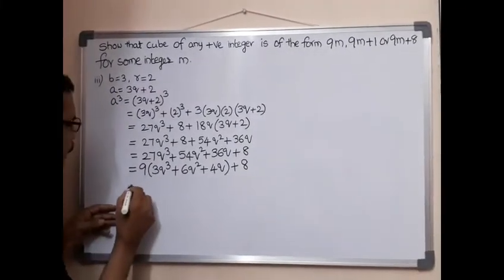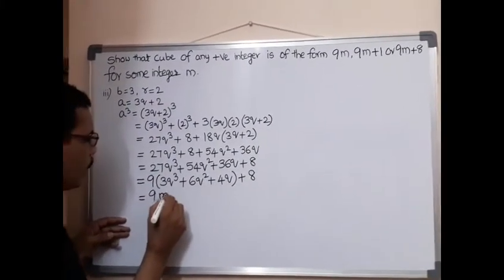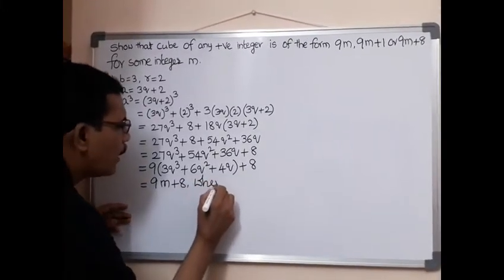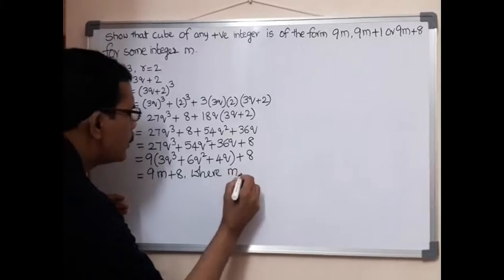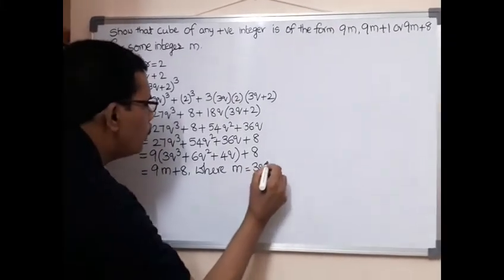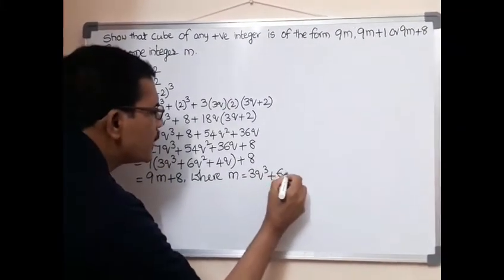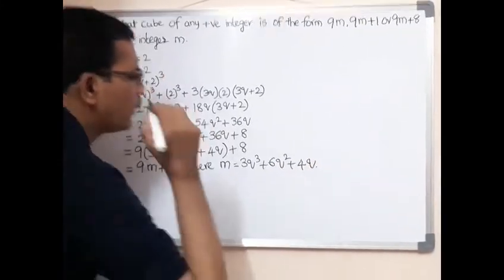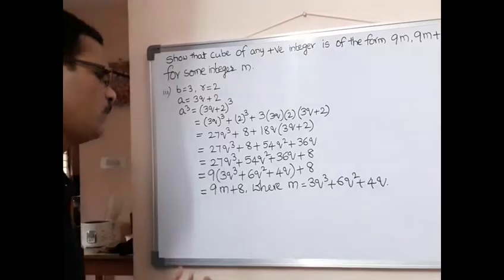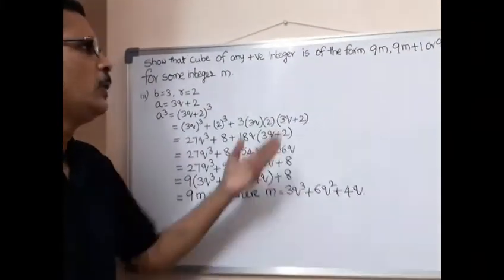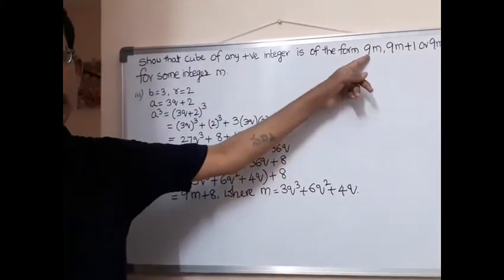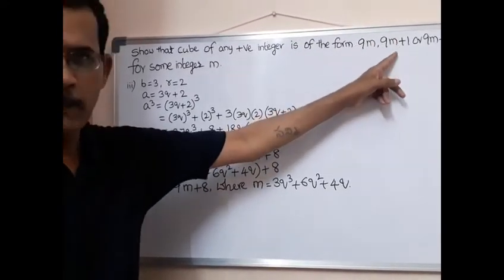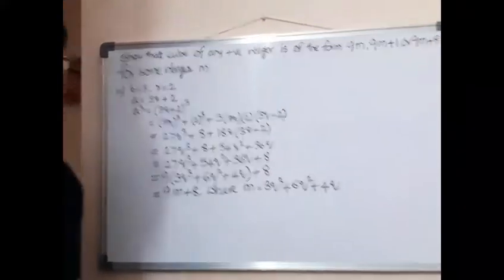So this is equal to 9m plus 8, where m is equal to 3q cube plus 6q square plus 4q. So in this way we can show that the cube of any positive integer is either of the form 9m plus 1 or 9m plus 8.